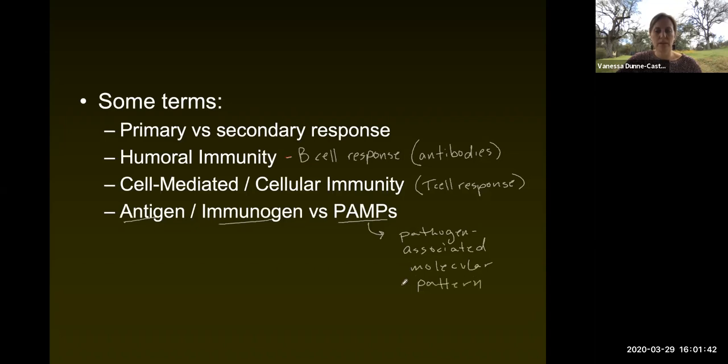And these are non-specific, if you recall. So any type of gram-negative lipopolysaccharide, for example, that would be a PAMP. And it doesn't matter whether it's from Escherichia or from Serratia or from Pseudomonas or from Enterobacter. It doesn't matter what the organism is.